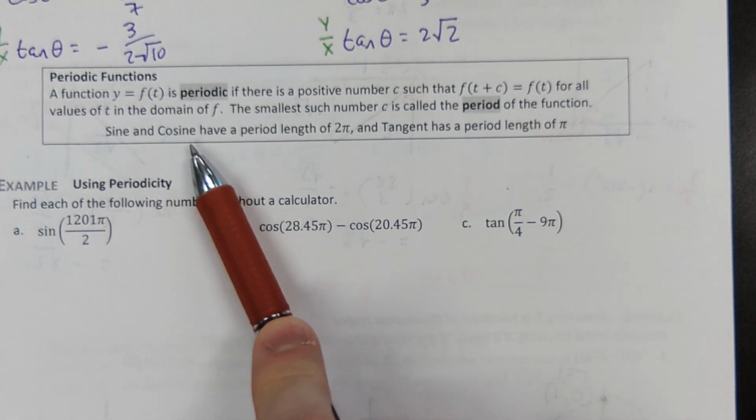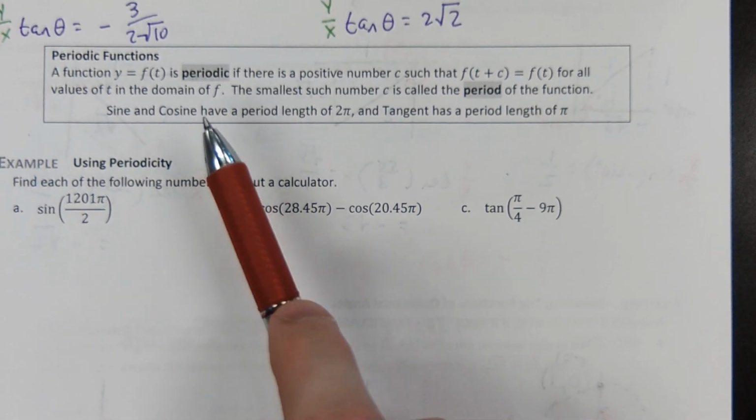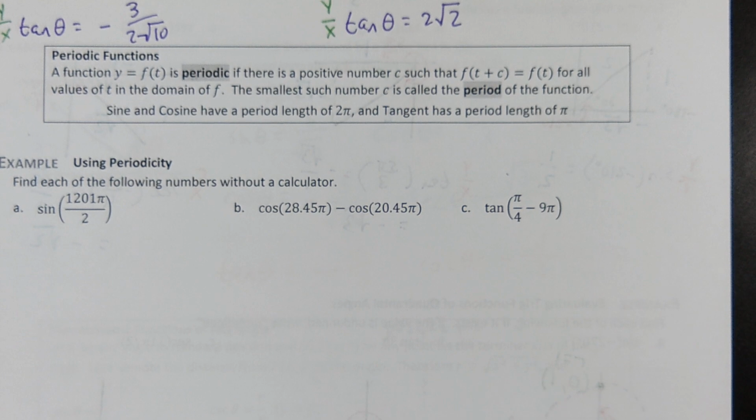Sine and cosine have a period of 2 pi. And that should make perfect sense. Because here, I'm sitting right here looking at Tn, right? And what does 2 pi represent for us? Full circle. And if I go, whee, and I spin myself all the way around a full circle, I'm looking at Tn again. Sine and cosine repeat themselves every full circle.